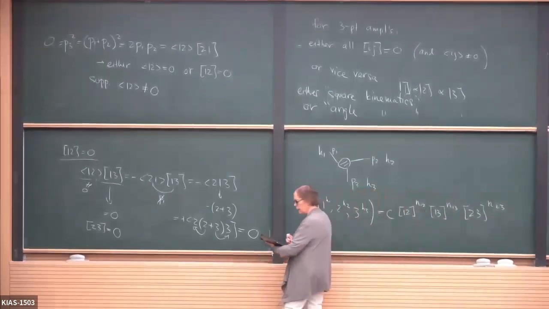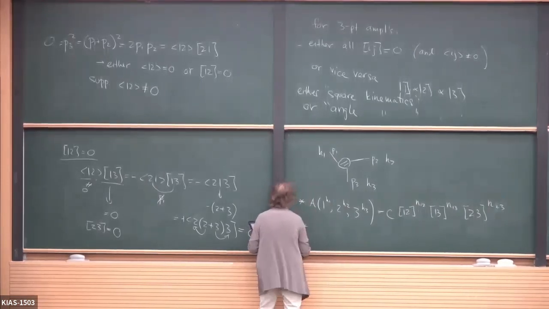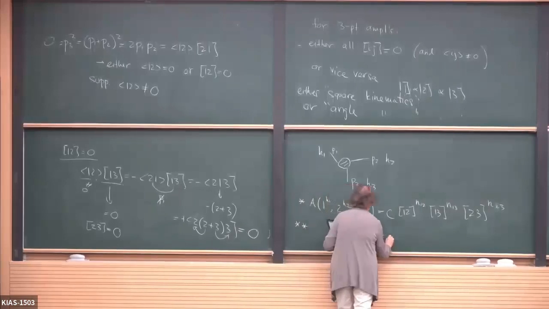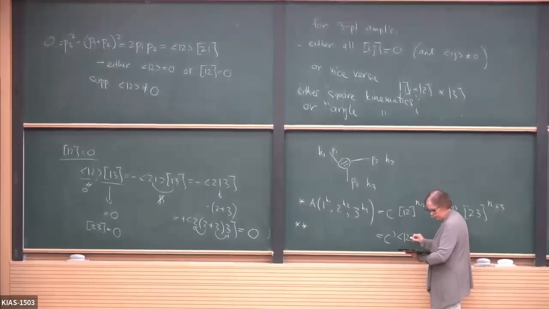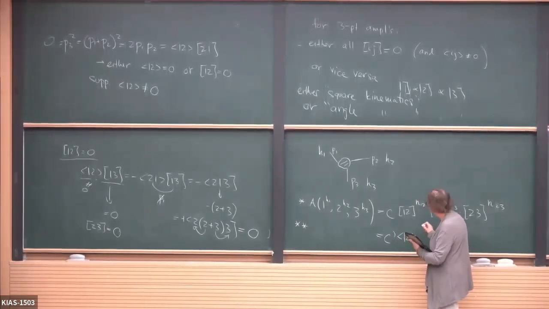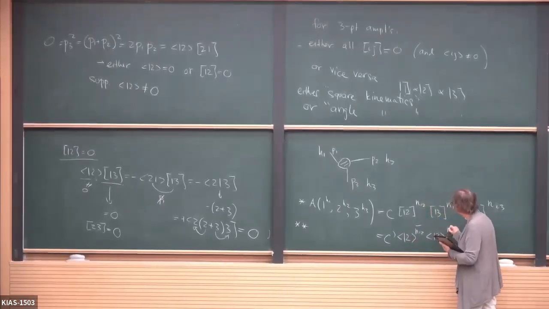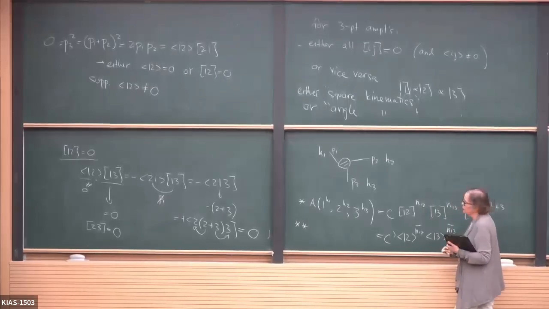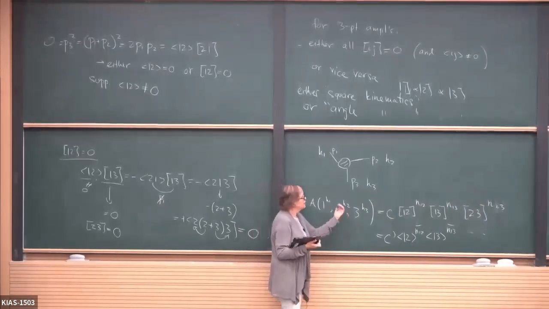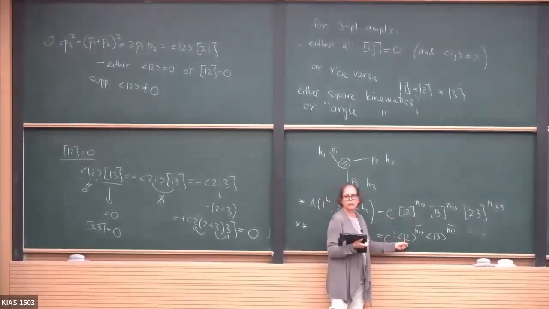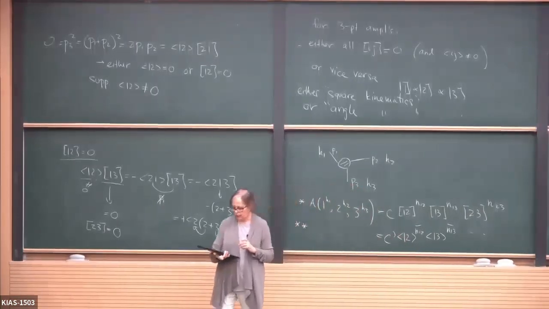So that's one possibility. Or another possibility is that it's going to be equal to some C prime times [1 2] to the power n12 bar, [1 3] to the power n13 bar, and so on and so forth. And we still don't know which one of these options is going to be realized. Is it going to be in terms of squares or in terms of brackets or in terms of angles? But we'll see very soon how it's going to be determined.